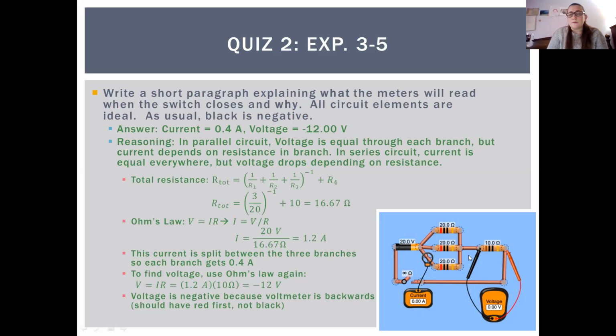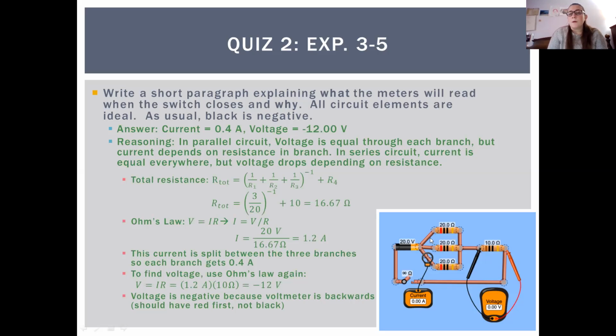So now we need to find the voltage across our fourth resistor. And again, we're going to apply Ohm's law, but specifically in that place, not for the total circuit like we did up here. But it's the same equation, we just plug in the numbers. The current flowing through our circuit is 1.2 amps because, remember, in a series circuit the current is the same everywhere.